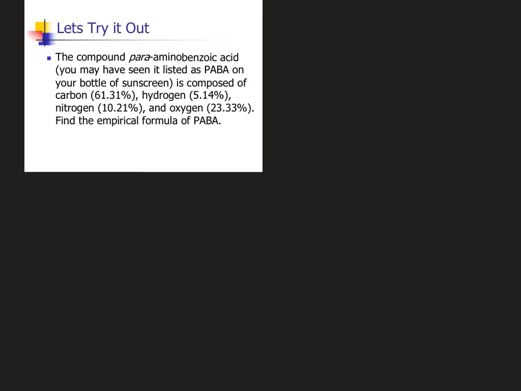So again, we're going to go under the impression that it all adds up to 100%, and therefore, when I come in through and say, let's go, carbon is going to be 61.31 grams.